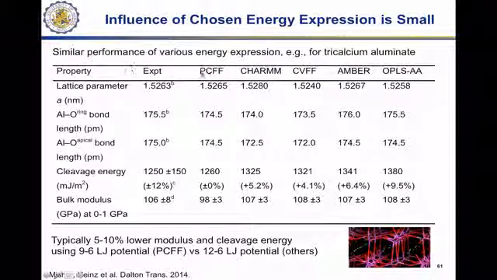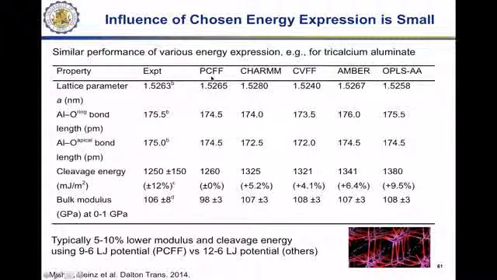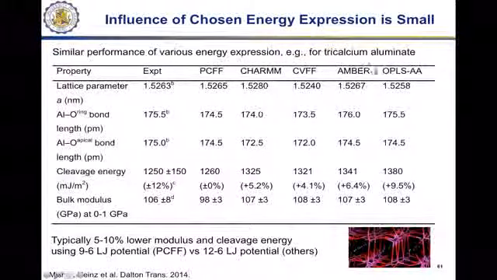Another cross-check is when we use different energy expressions, because if we develop parameters for PCFF, we try to also develop them for CHARMM, CFF, AMBER, and some other force fields down the road. With the minor changes that are needed because of different Lennard-Jones potentials and so on, we overall see quite consistent results in the end, say, for geometries and also for cleavage energies.